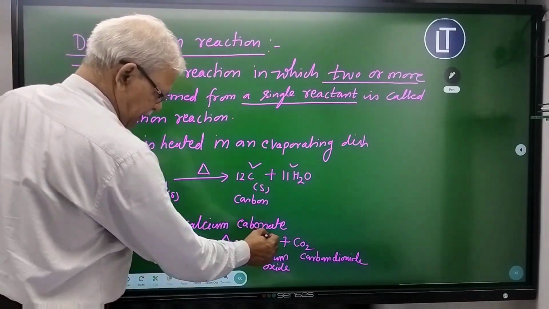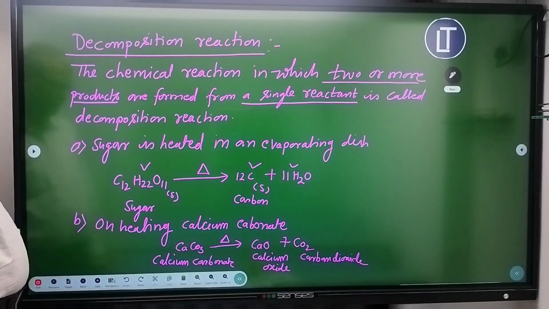Here this is a single reactant and two products are formed.